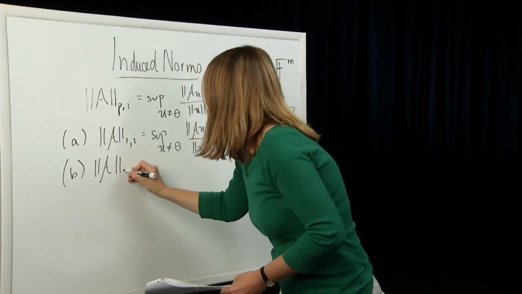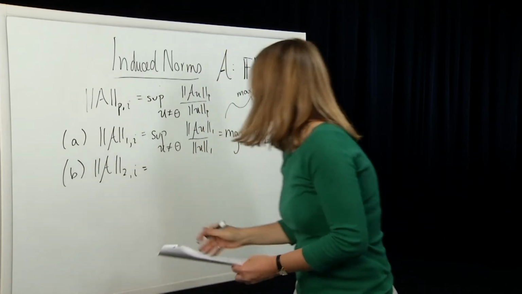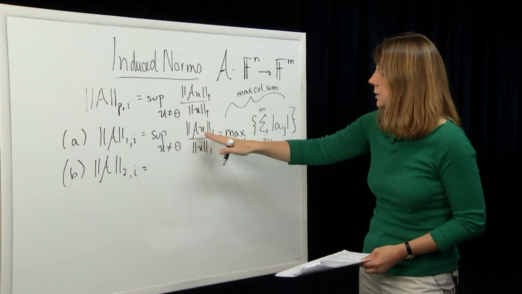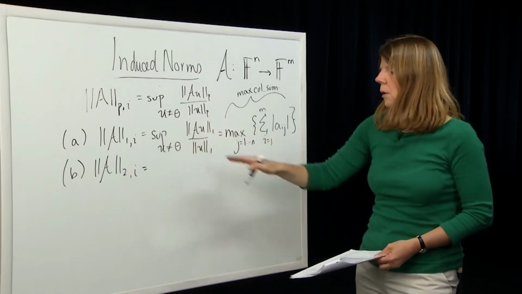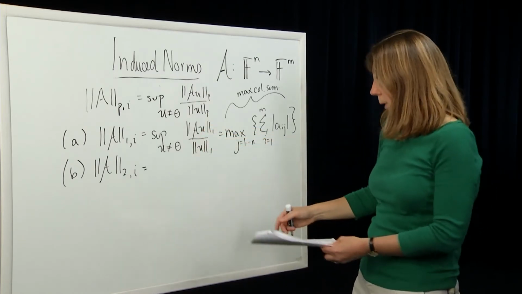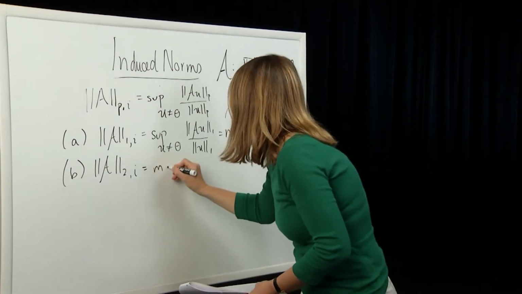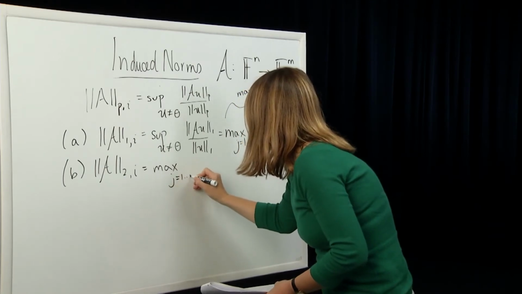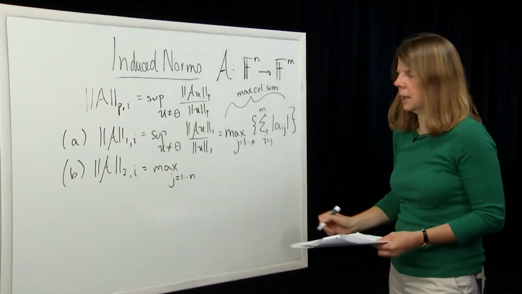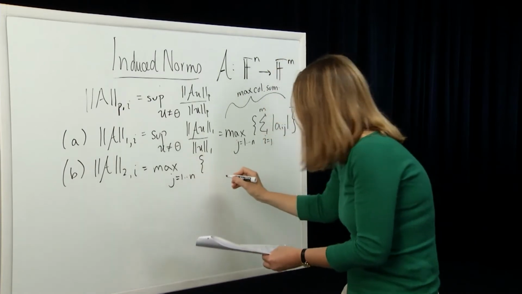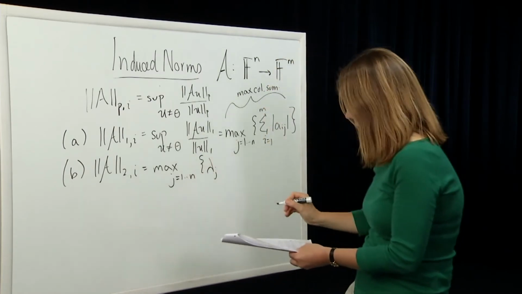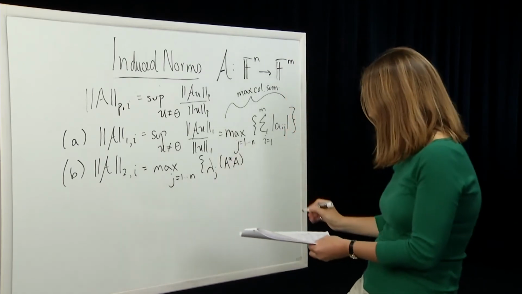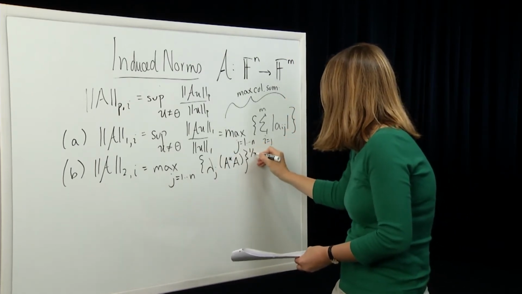The induced two norm of a matrix is, by definition, the supremum over all vectors u not equal to 0 of the two norm of Au over the two norm of u. And we can show that that's equal to the maximum over j from 1 to n of the jth eigenvalue of the matrix A star A, to the 1/2.